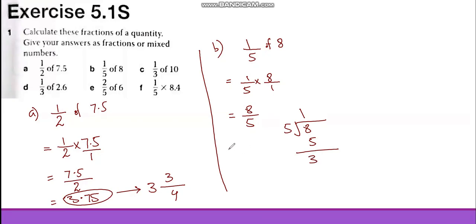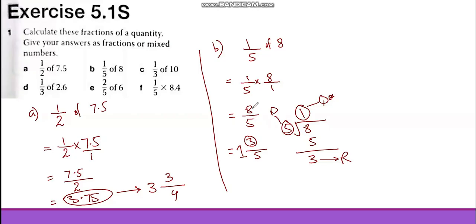So this fraction can be written as the mixed number 1 and 3/5. 3 is the remainder, 5 is the divisor, and 1 is the quotient that we get over here.